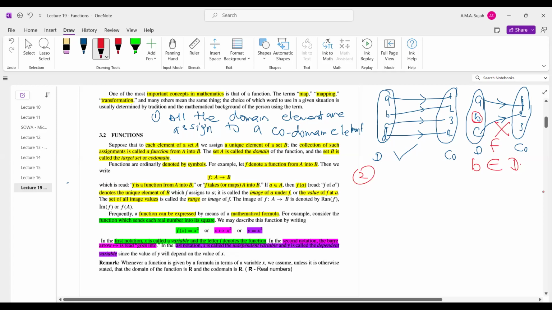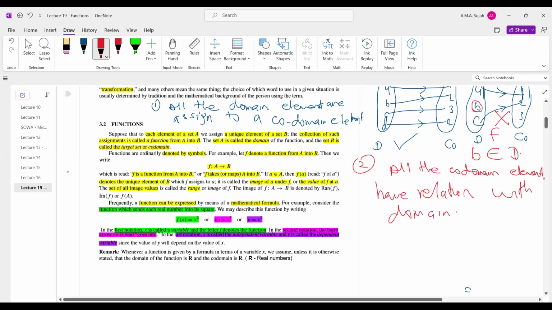The vice versa, they are saying, is not mandatory: it is not mandatory that all the codomain elements have a relation with the domain. You can understand if I draw a diagram.